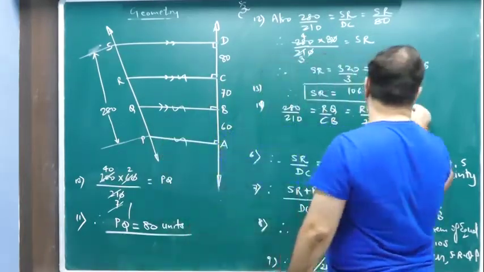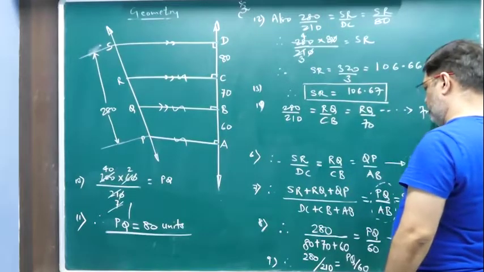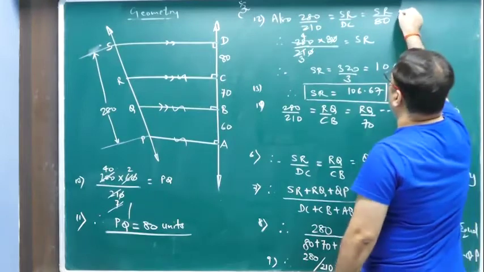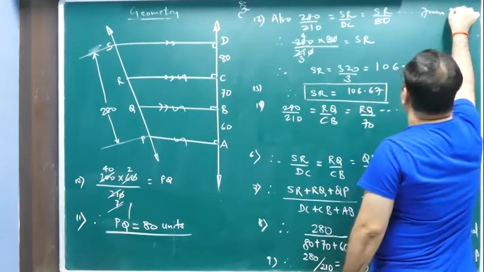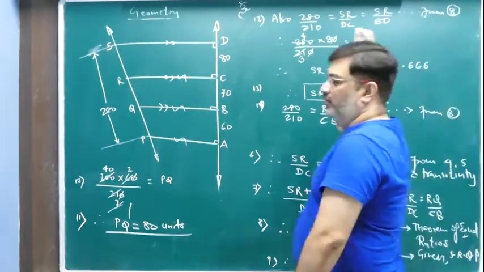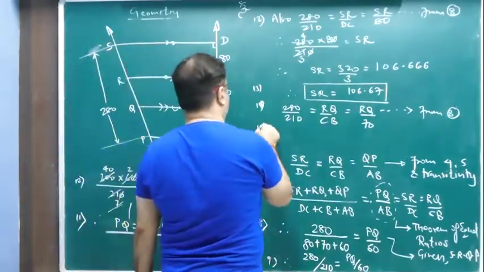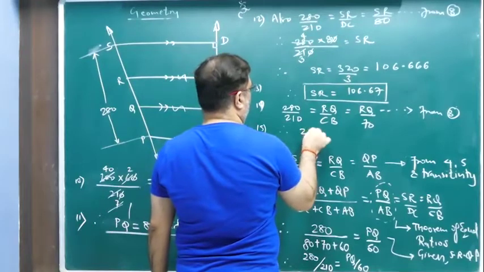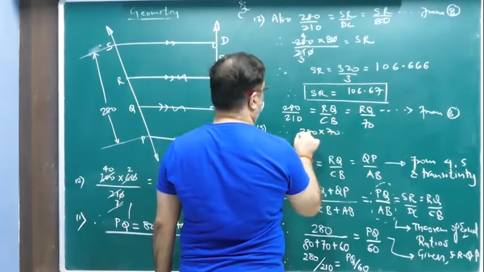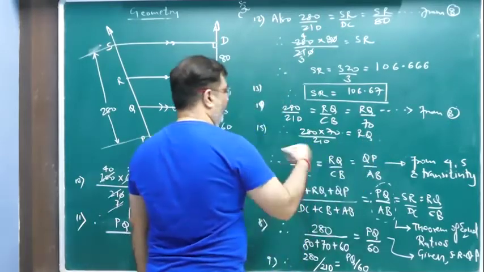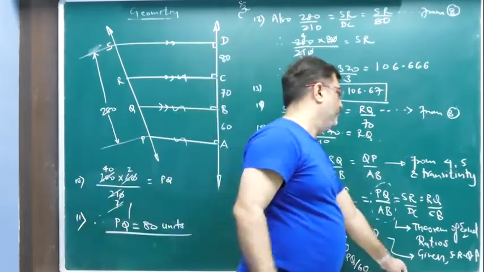So this is from 8. This also from statement number 8. Okay? Both are coming from statement number 8. Now, therefore, 280 into 70 upon 210 is equal to RQ. Same way, cancel whatever cancels, and then you get your answer.